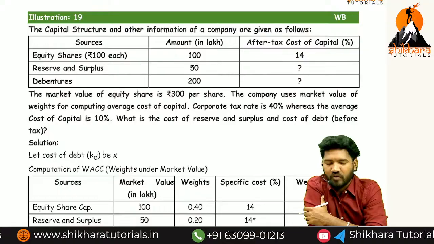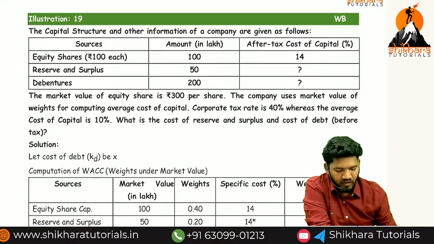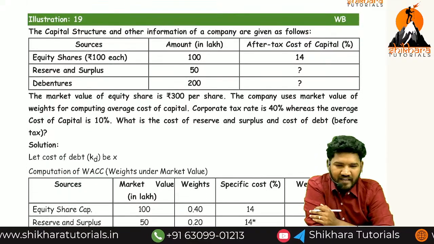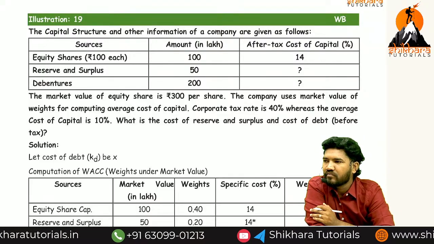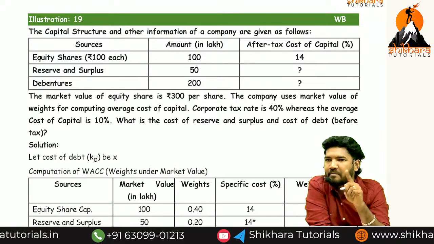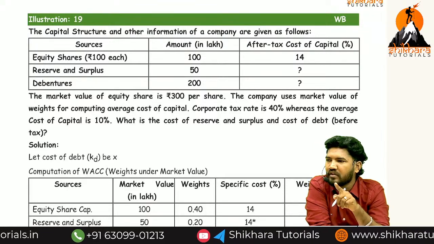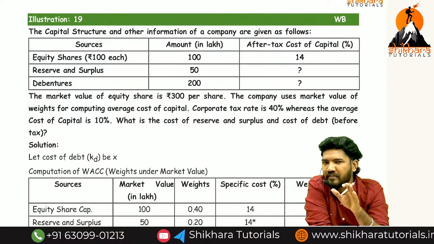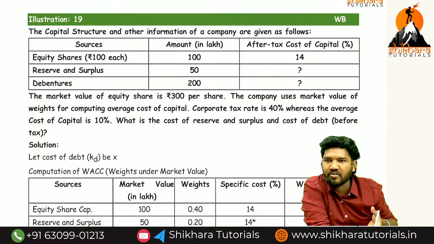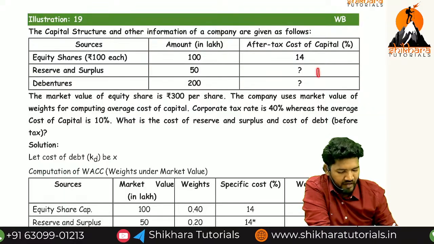Clear? Okay, then fine. Now, for the KR calculation, what conceptual knowledge do you have? If there is a flotation cost and personal tax, K is not equal to KR. If there is no flotation cost and personal tax, K is equal to KR. Now I know KR.